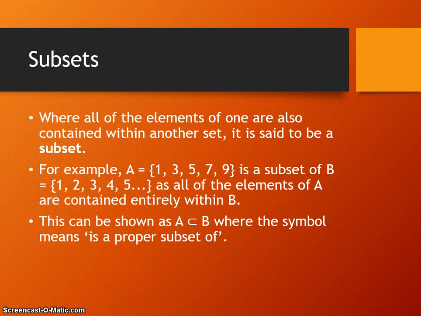We have subsets. So we can say if one element is within another, then it's said to be in a subset. So for example, 1, 3, 5, 7, 9 is a subset of B, 1, 2, 3, 4, 5 and all integers after that. And that can be shown with this symbol.